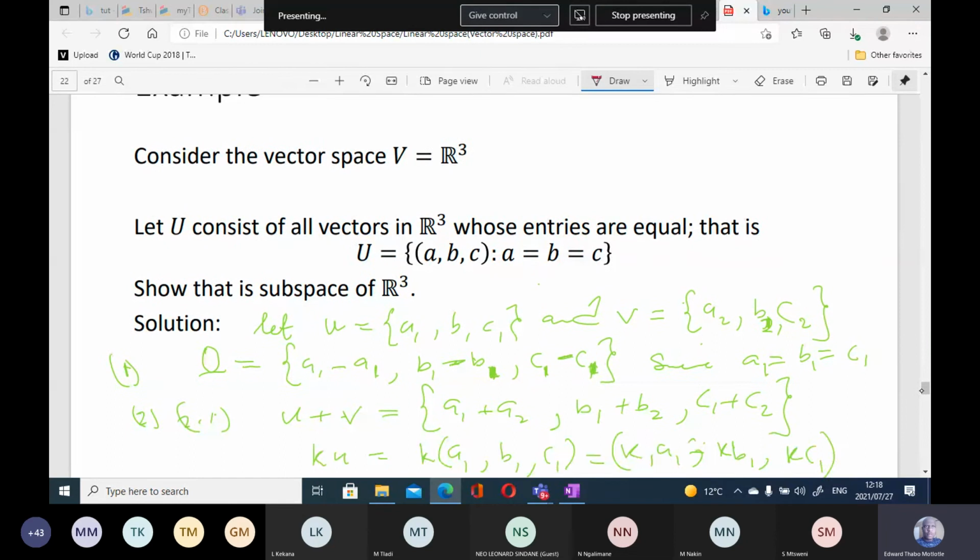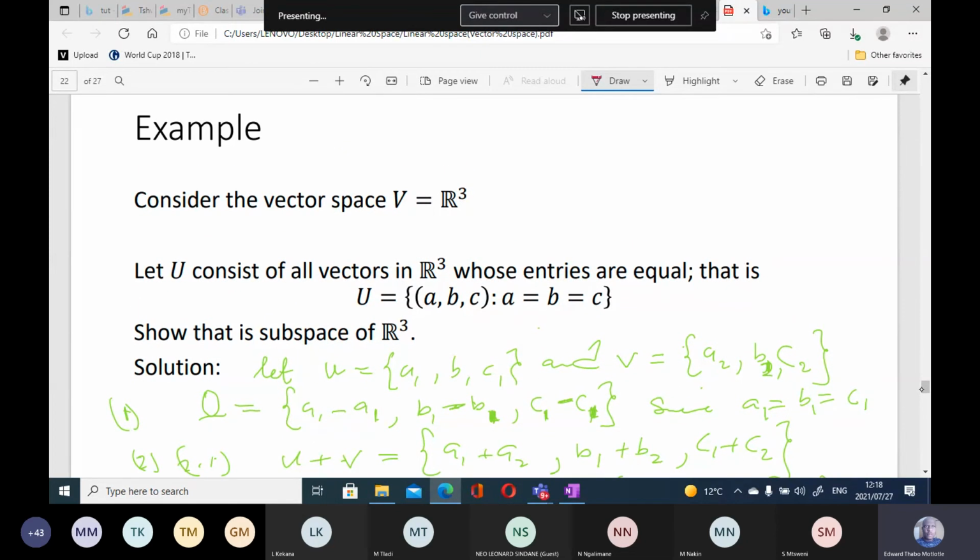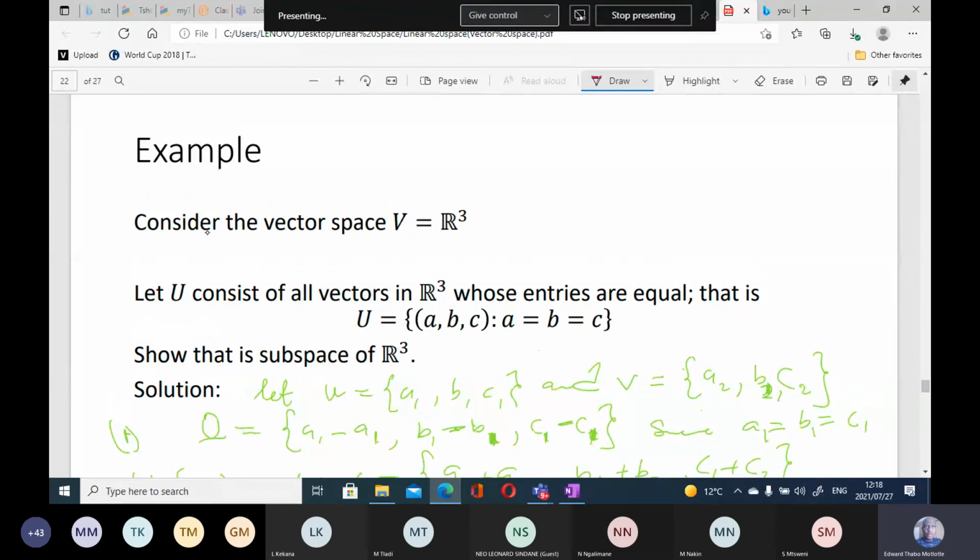Like for instance, they say consider the vector space V. This is a vector space, and it's in 3 dimensions. Let U consist of all vectors in R3 whose entries are equal. That is, U consists of (a, b, c). It's got 3 elements and those 3 elements are equal.